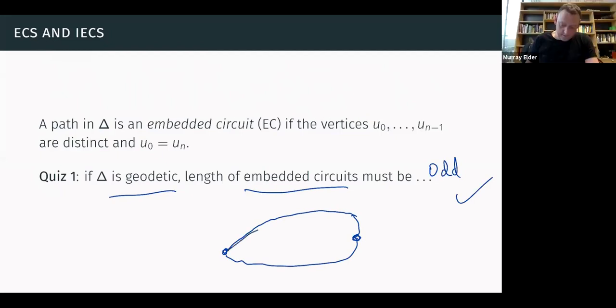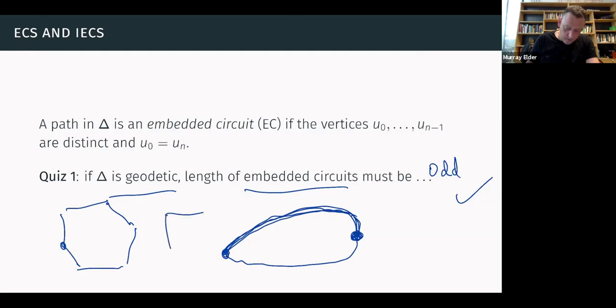But there might be a problem with this quiz because I didn't say it had to be the shortest. So it's just a circuit. So for instance, it's a trick quiz. That's a complete graph. Yes, so you lose your prize, Mikhail.